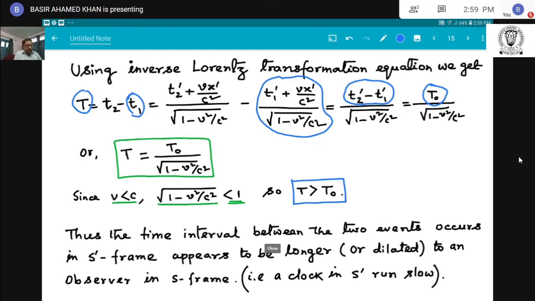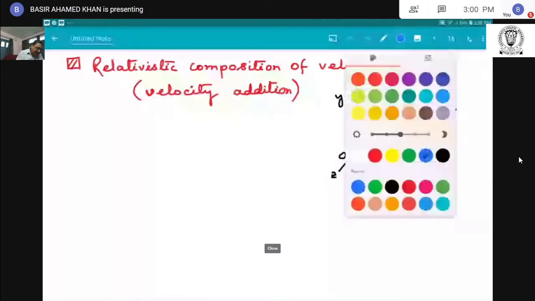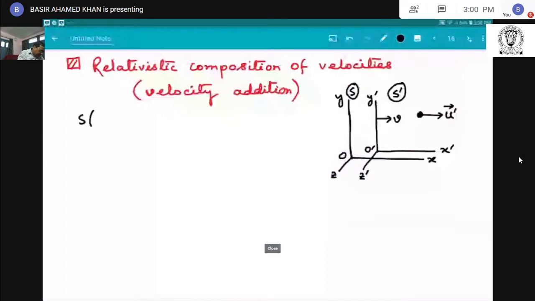Now the second topic is relativistic composition of velocities. Again I consider two frames S and S dash. S frame has coordinates x, y, z, and S dash frame has x dash, y dash, z dash.